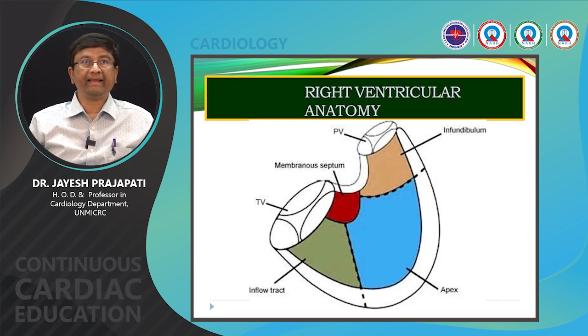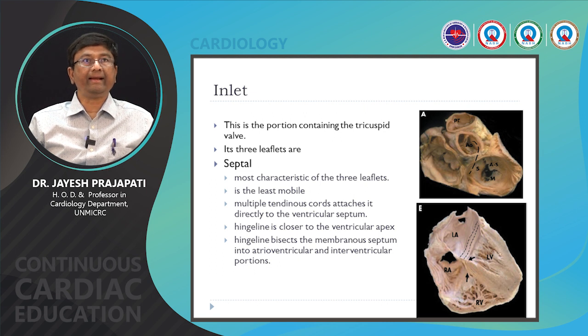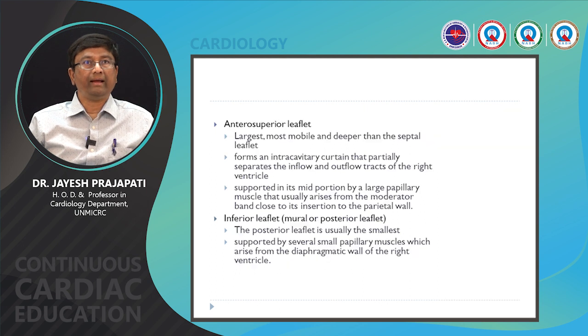So this is how it looks. There is the tricuspid valve followed by the inflow tract, and there is the apex, the infundibulum, and the membranous septum. This is the inlet, the portion containing the tricuspid valve. The three leaflets are the septal leaflet, which is more characteristic on echocardiography, with multiple tendinous cords attached directly to the ventricular septum, and the anterosuperior leaflet, which is the largest and most mobile and deeper than the septal leaflet.